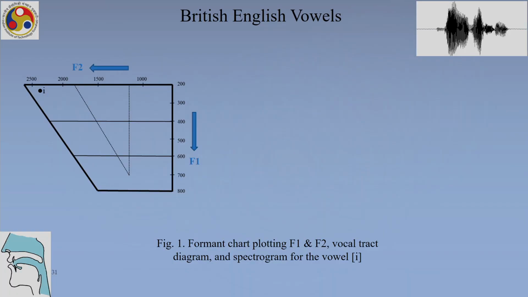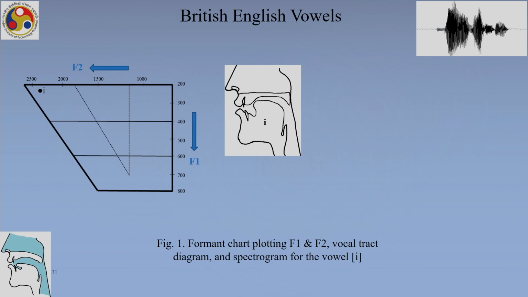Most of the filtering of the sound source is carried out by the cavity which is anterior to the glottal source. Now, let us look at these British English vowels and see how we can explain what we have just studied with regard to source filter and the formants that are produced as a result of that filtering.